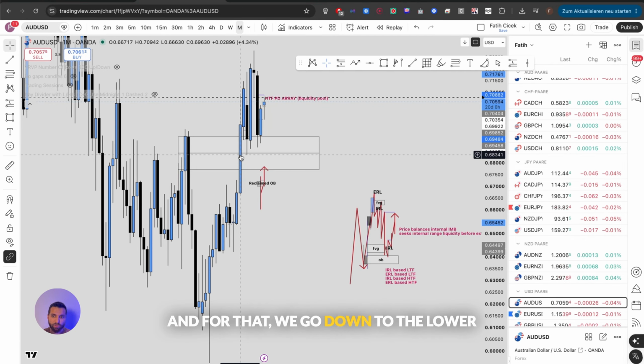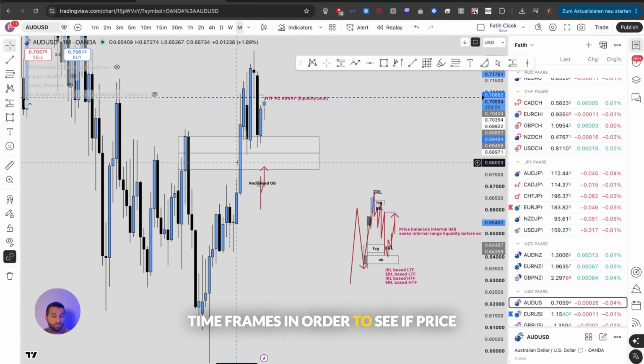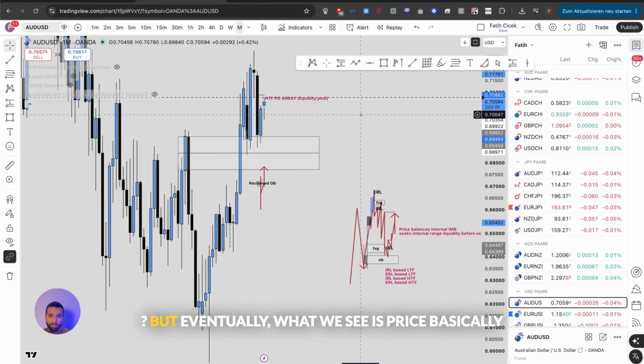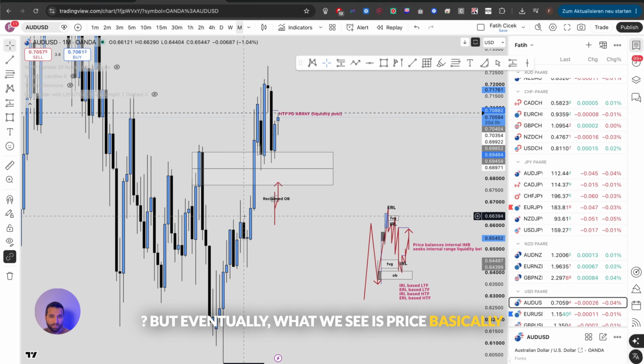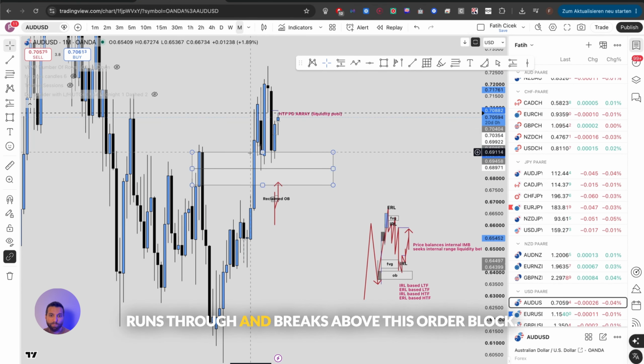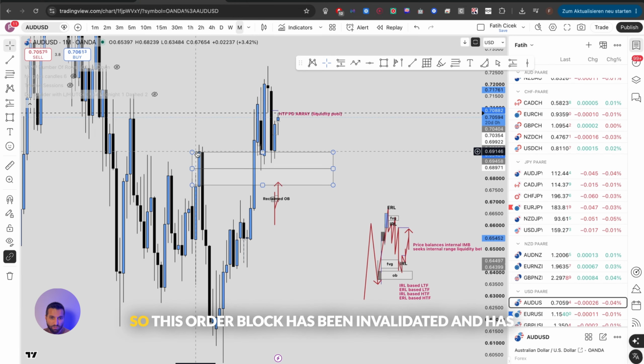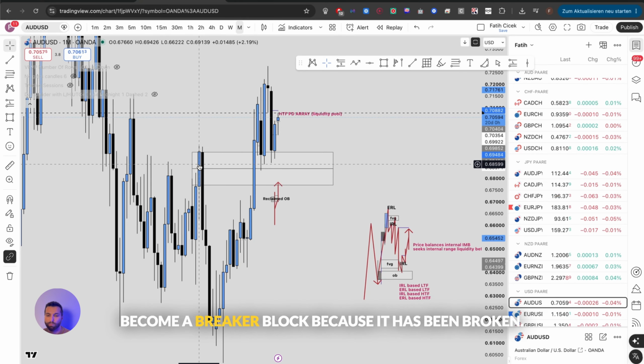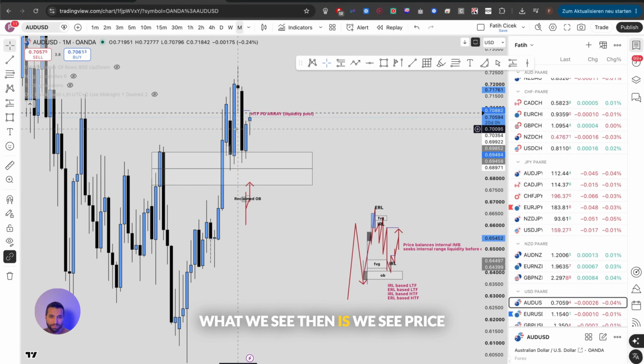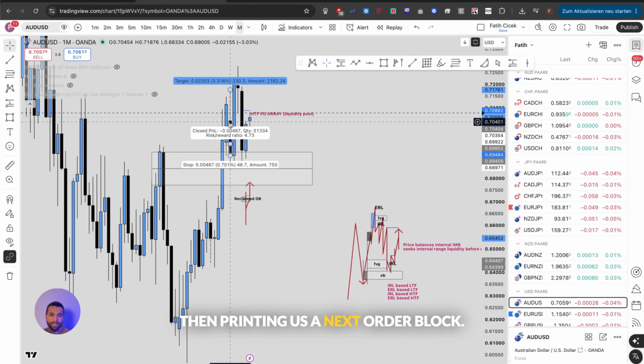And for that, we go down to the lower time frames in order to see if price actually wants to give us the reaction. But eventually what we see is price basically runs through and breaks above this order block. So this order block is being invalidated and has become a breaker block because it has been broken. What we see then is price retesting it and rebalancing and then printing us a next order block.